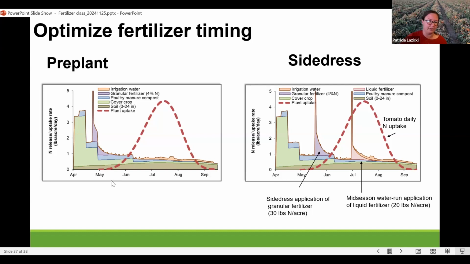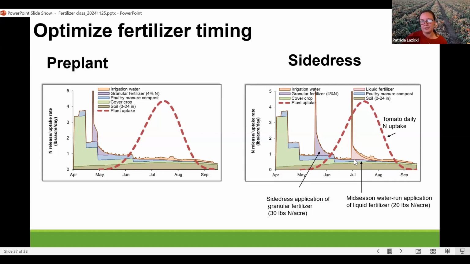The crop isn't taking up much nitrogen, but it does need access to some. But then also notice that most of what it's going to release has already been released before the crop is really taking it up. And it's quick release enough that you could shift that same application to a side dress, and it will still have released most of what it's going to before the crop really needs it, but it shifts it closer to this period of rapid use.